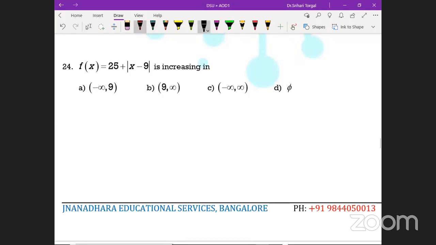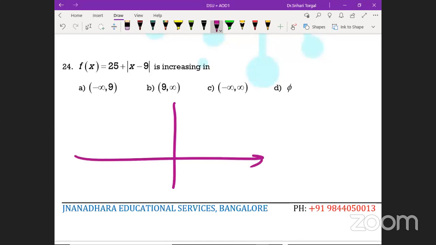So I'll tell you how to identify the increasing and decreasing function here. Let me take 25 plus mod x minus 9. And how much do I have to substitute for this x to get 0 inside the modulus? It is 9, correct? 9.